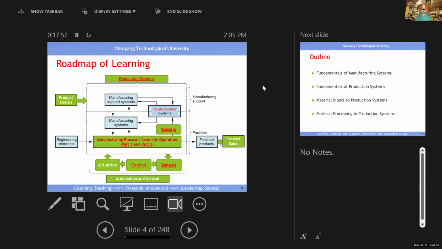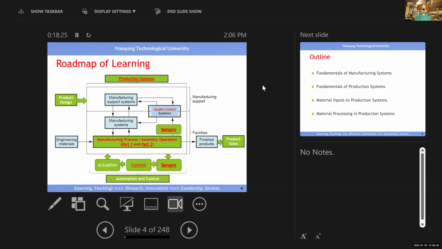So you see the two keywords, manufacturing, production. Then inside the production system, we can talk about the automated equipment. Inside automated equipment, there is a control system. Then you see the loop: sensor, control, actuation. Actually, this is a feedback control loop. And at the bottom, you see these two keywords, automation, control, etc.